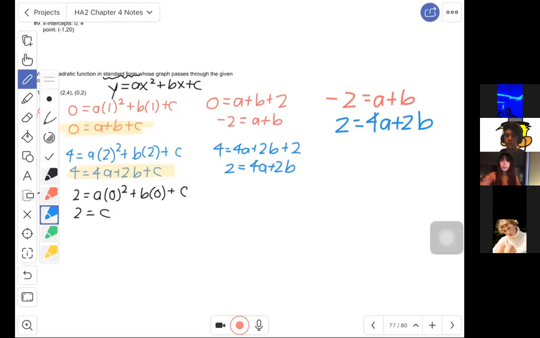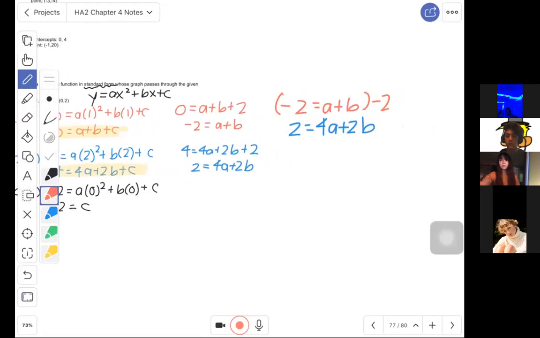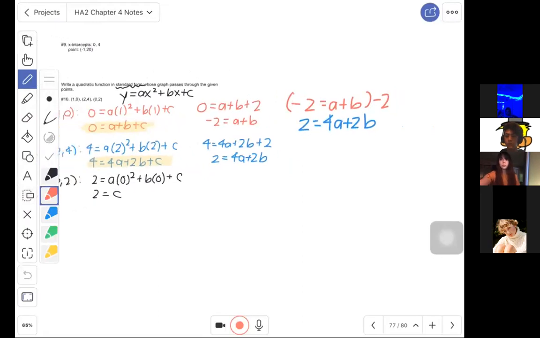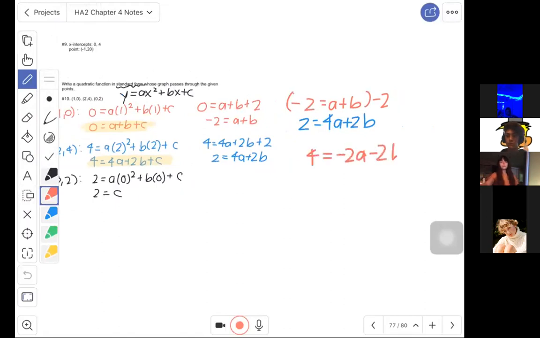I multiplied the first equation in red by -2. Yeah, we can use elimination here to now solve for a and b. So when we do that, we end up getting 4 equaling -2a minus 2b. And then we will add it to our other equation.